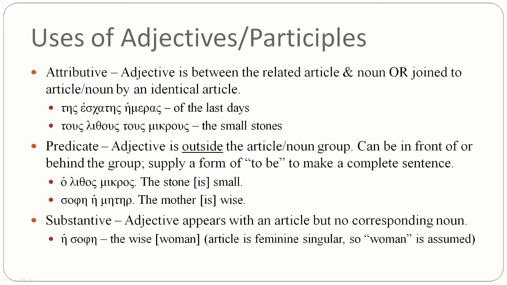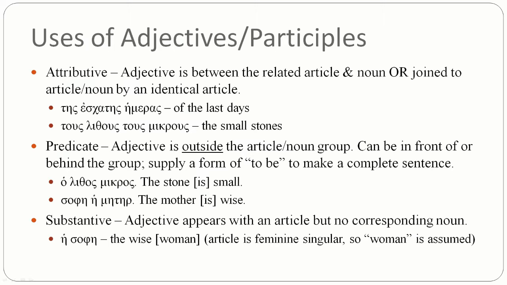The way that you translate this, you have to supply a form of to be that agrees with the subject. If the subject is singular, the to be form is going to be singular. If it's plural, it can be plural. Depending on the context, the to be verb can be present, past, or future.